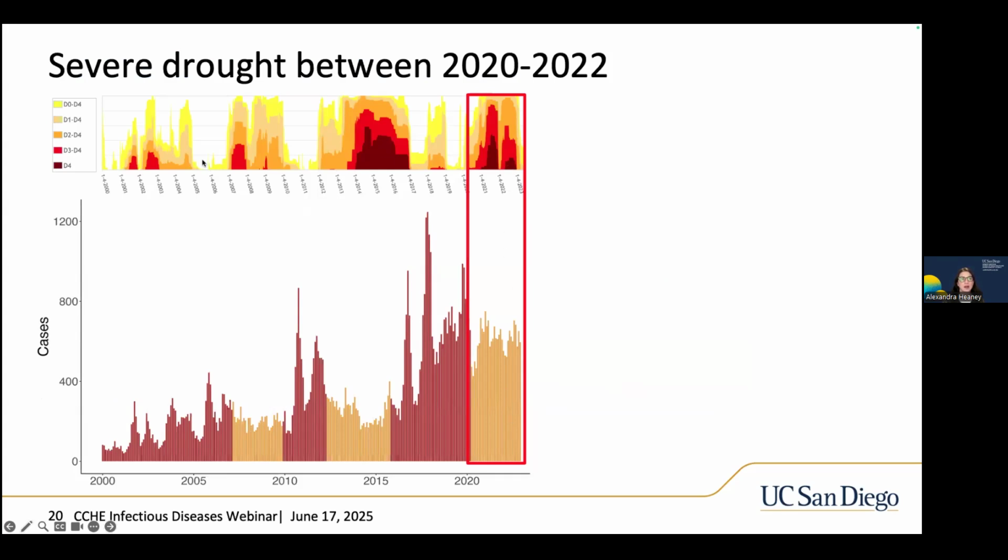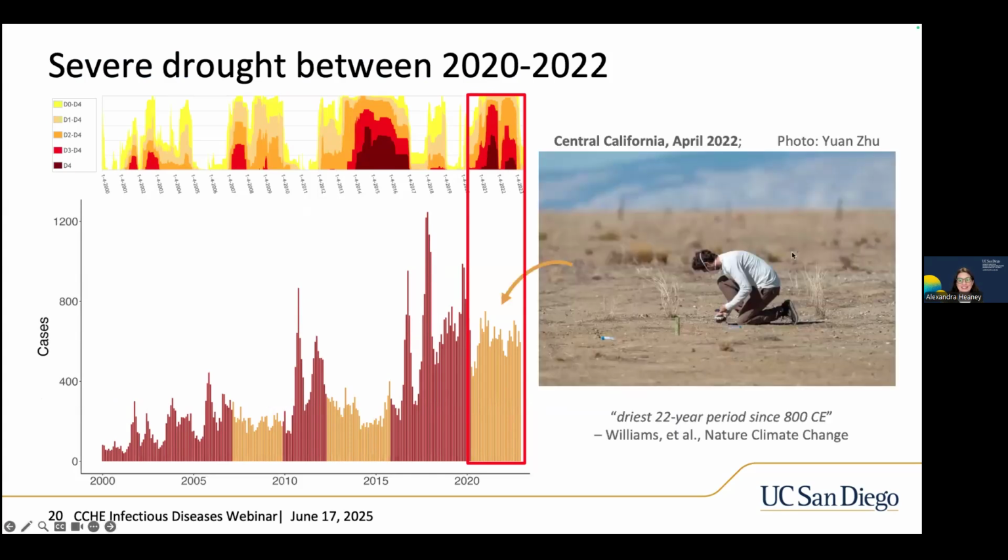At the top, I'm now putting a plot of the US Drought Monitor information, which shows severe drought conditions in the darker red colors over time. You can see here one of our colleagues, Simon Campanuri, who also has led a lot of this great work, sampling some soil for one of our other projects in a field site in the Carrizo Plain during this time, and it was quite dry.